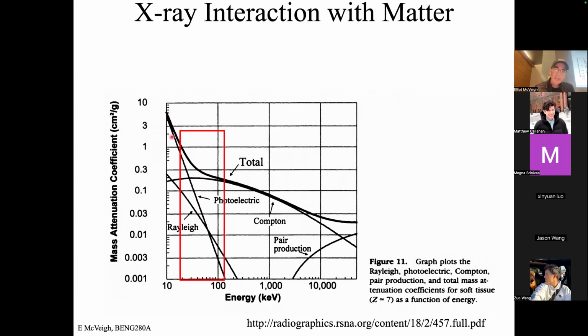This curve right down there is the photoelectric effect, the relative amount of mass attenuation coefficient, or X-ray absorption, as the energy is changing.